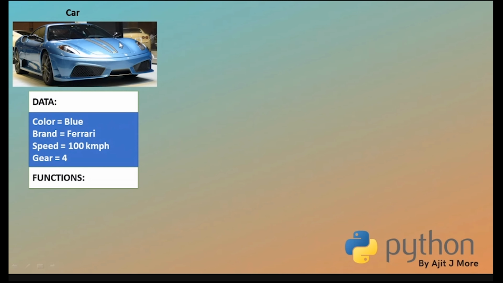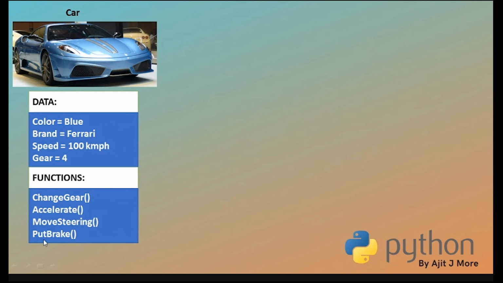Changing gear: as you change gear, the smoothness of the vehicle is modified. Putting on the brake means it stops. Ignite, that is, start your vehicle. Clear? So these are some behaviors. And tell me, in these behaviors, is the data getting accessed or manipulated?